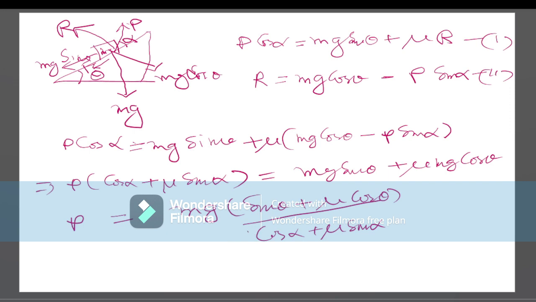Now we can rearrange these things using the fact that mu is simply tan lambda. Tan lambda, not alpha, tan lambda. And this lambda is the angle of repose.